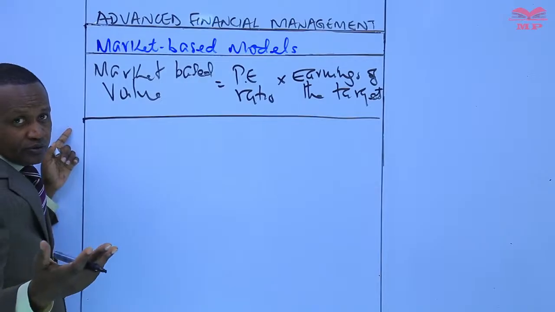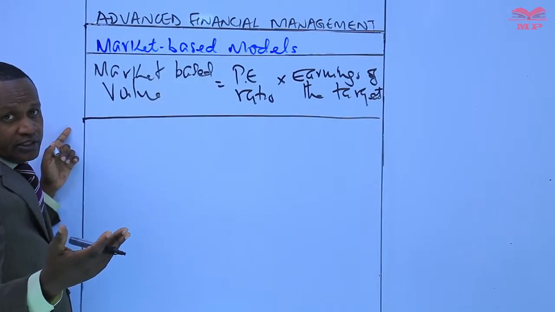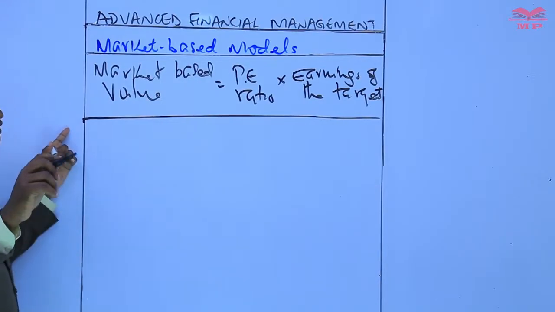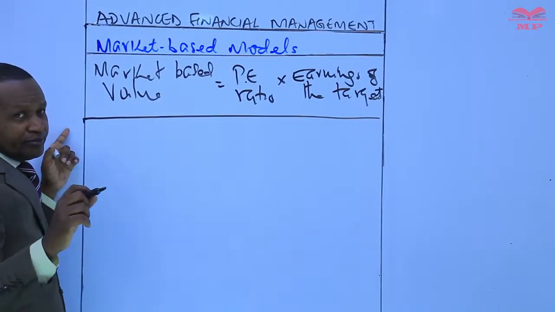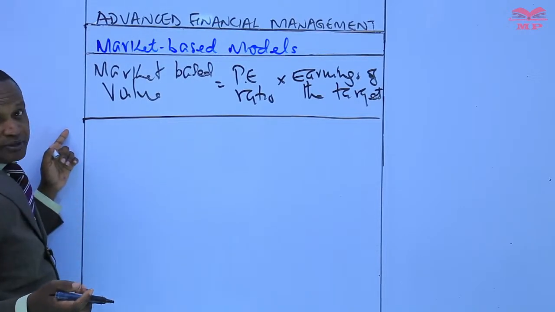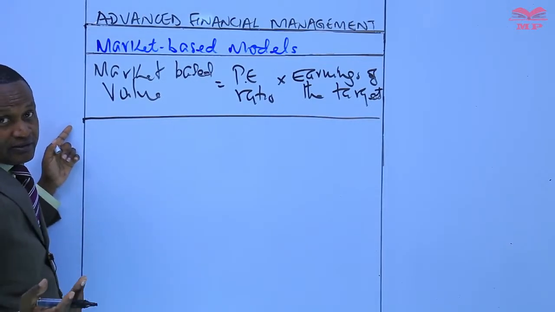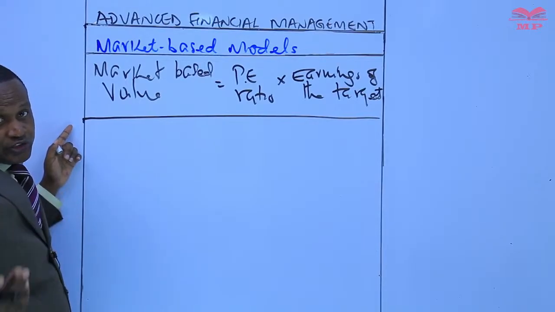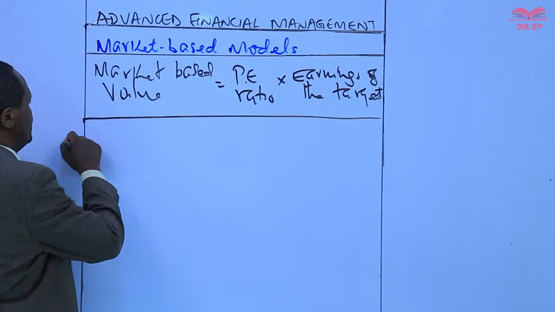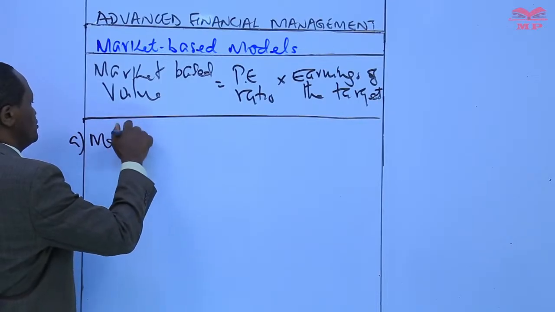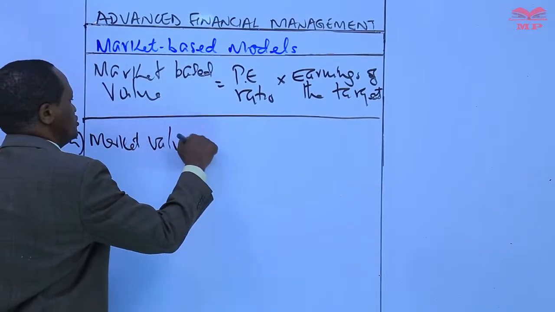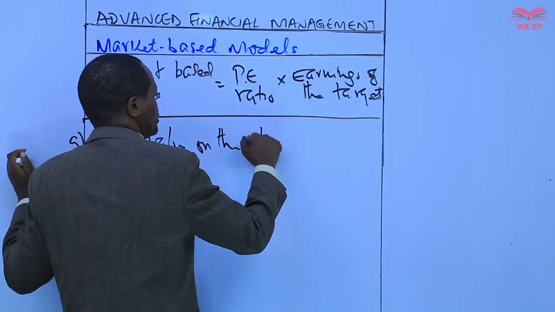Therefore it should be the starting point. The minimum amount they could accept is what is trading in the market. So we have the market value on the stock exchange.